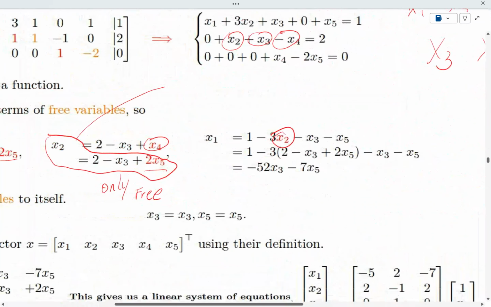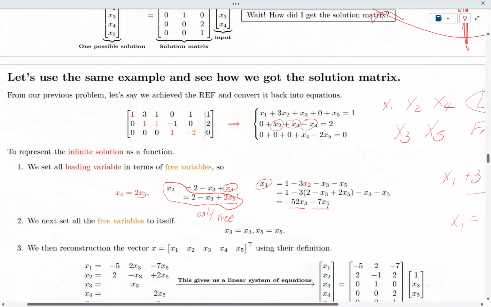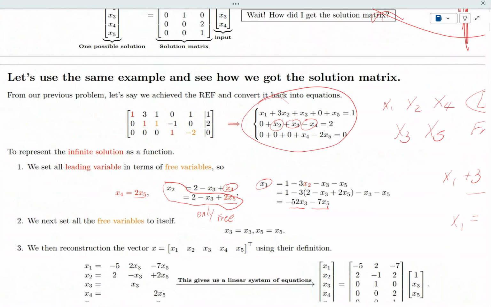So we plug x2 in, and then the result is x1 is some combination of x3 and x5. Okay? So let me repeat that. The first step of getting a solution that has infinite solution is to put all the leading variables in terms of only free variables. So this equation has only free variables. So that is step one.